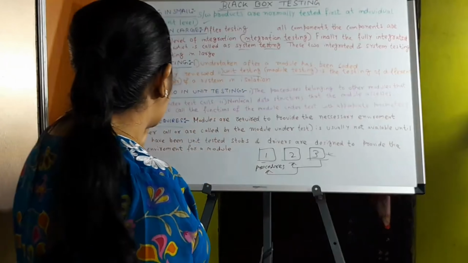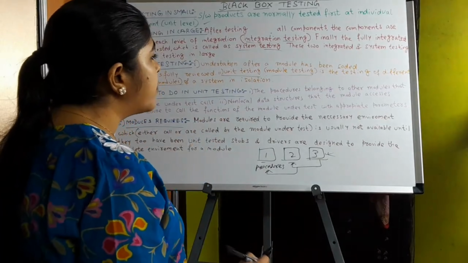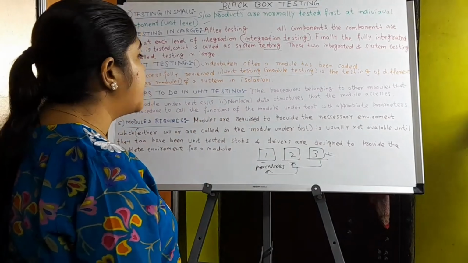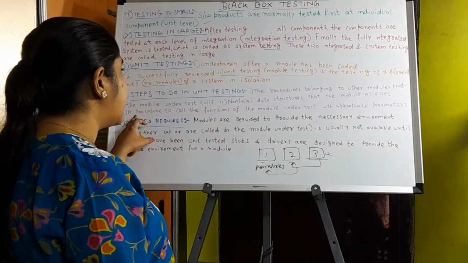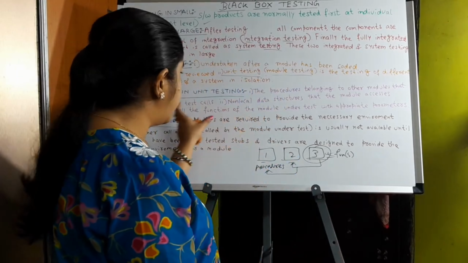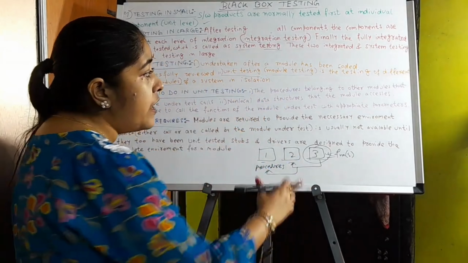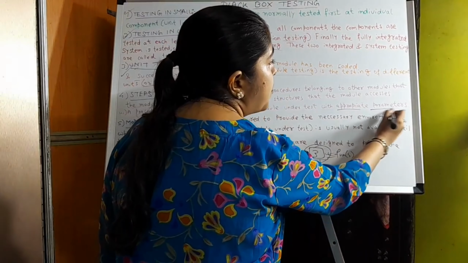Then a procedure to call the functions of the module under test with appropriate parameters. The procedures to call the functions of the module means functions of this module. The procedures which have to be called should be with appropriate parameters.